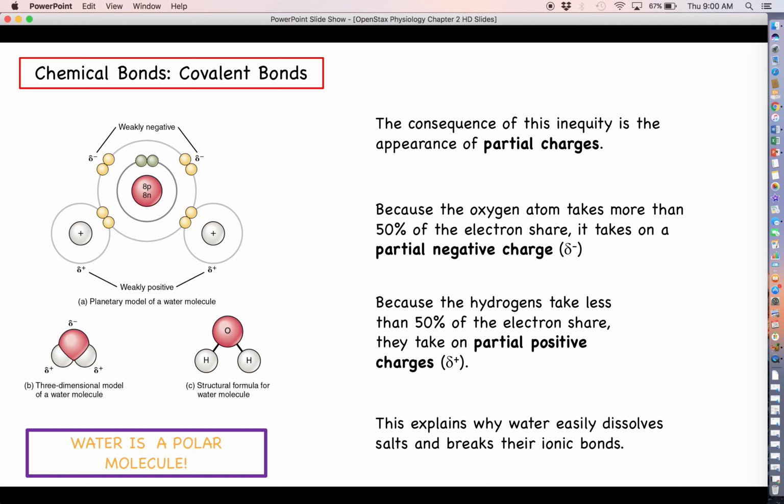So this helps us to explain why water can very easily dissolve salts and break their ionic bonds. Because for something like sodium, the sodium cation, which is positively charged, can be very heavily attracted to the partial negative charges of the oxygen in the water molecule.